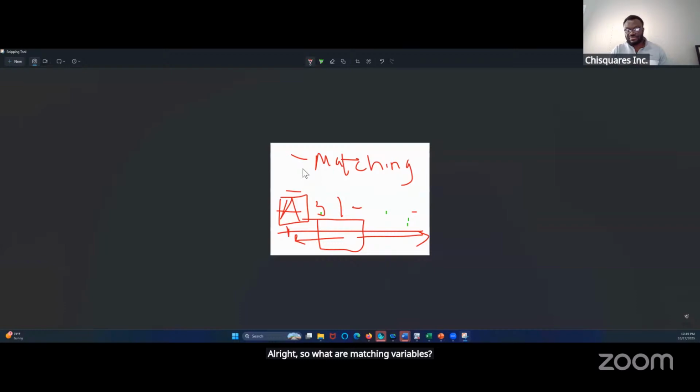Age is the matching variable. Sorry? Age is the matching variable. Okay, age, exactly. So age. And what else will be reasonable to match on? Because age may be a confounding variable.